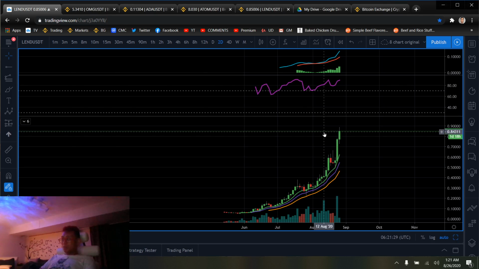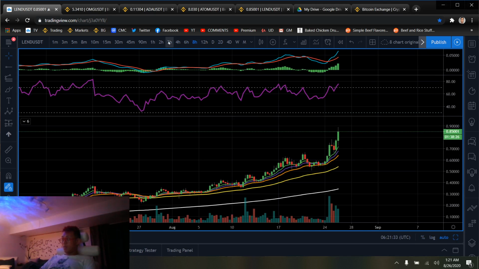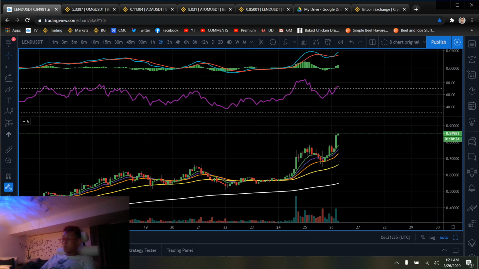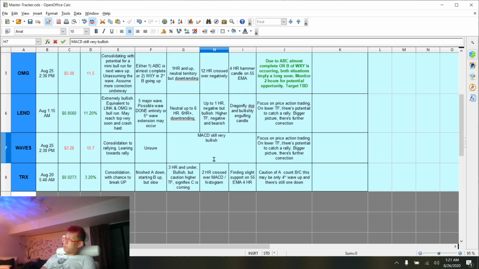Okay, the MACD, I don't see any solid signs of a crossover yet. There's still solid signs of a rally with a possible last wave. So it's hard for me to be really decisive about it. MACD, still very bullish. No signs on any time frames of a major crossover yet.